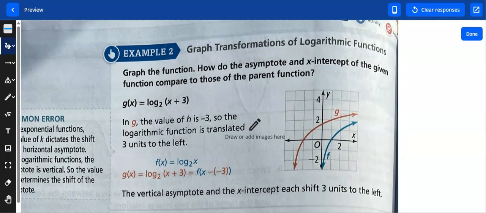Graph the function. How did the asymptote and the x-intercept of the graph function compare to those of the parent function? All right, what are you seeing inside there? That's on the inside, right? That's a change on the inside. What do we know about changes on the inside? They go opposite of our common sense.